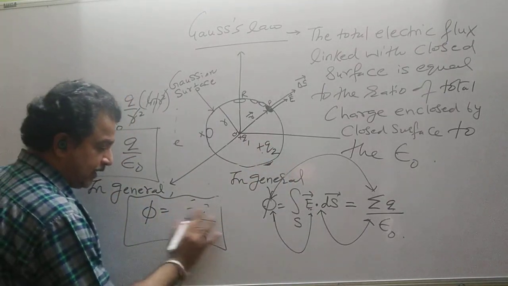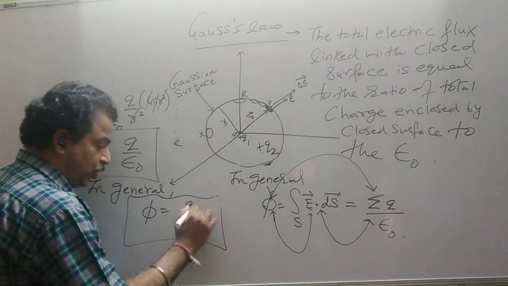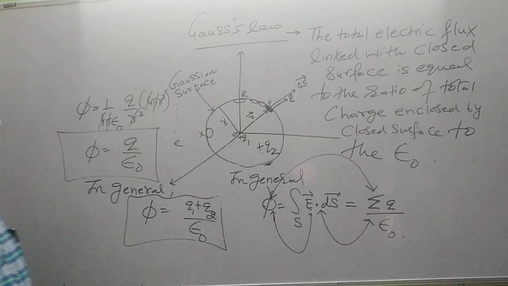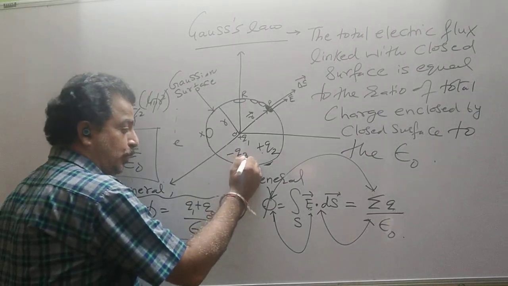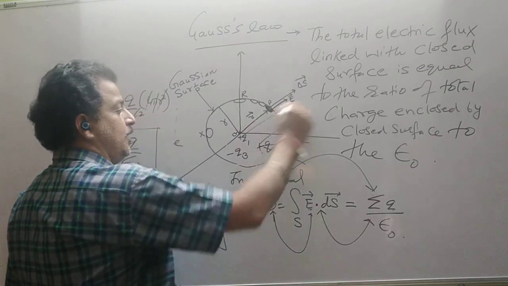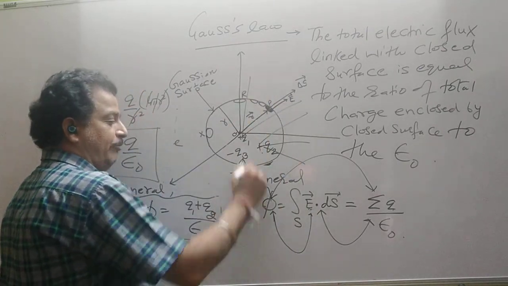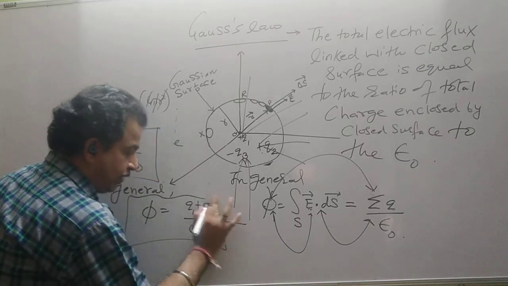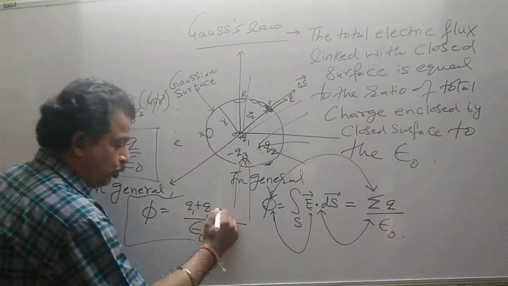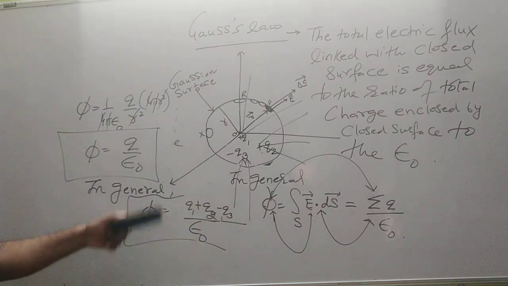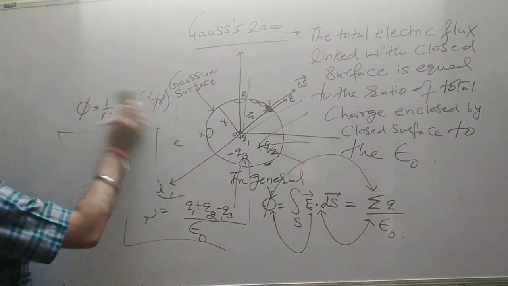So in the place of this summation, I will write q1 plus q2 upon epsilon naught. Suppose there is a negative charge minus q3. From the two plus charges, the field lines are originating outward, and toward the negative charge, the field lines are radially inward. So the summation, by the law of conservation of charge, becomes q1 plus q2 minus q3. So this is how the summation q will be calculated.